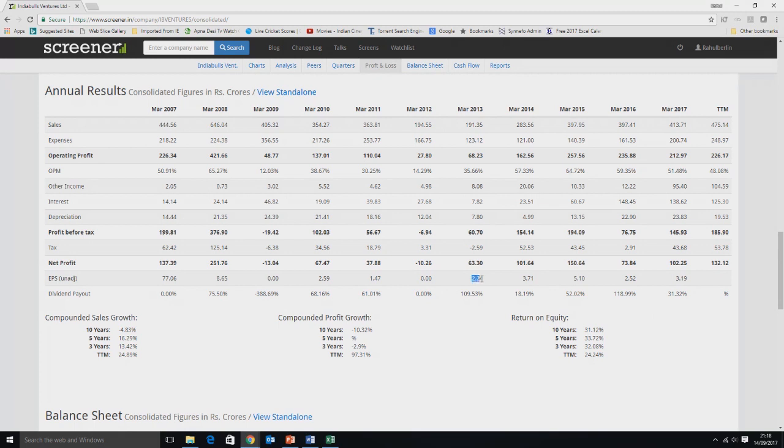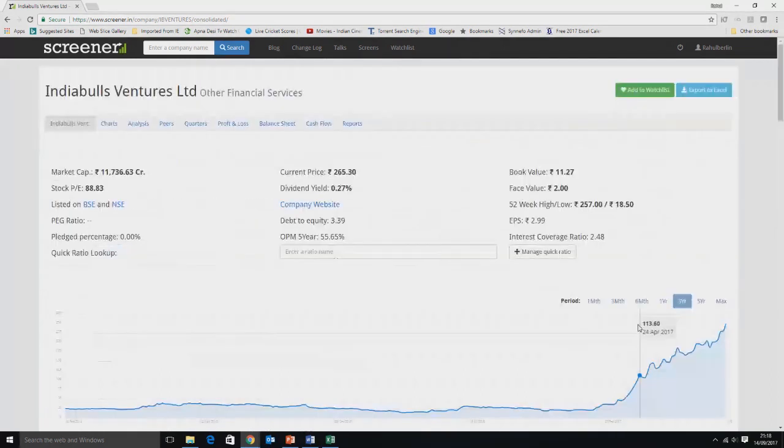From 2.24 to 3.19. Anyways, it's roughly growing around 50% in a year, and the investors are expecting 88%. And looking at this, I'm not very happy to invest in this company, first of all.